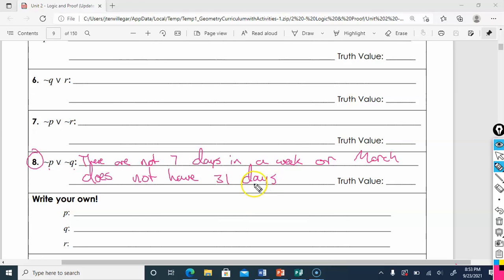Or was it 30? It was 30 days. Now, the first part of the statement is false. There are 7 days in a week, last time I checked. But it's an or, so they can both be true, or just one of them has to be true. And March does not have 30 days, so that part's true. With an or, just one part has to be true to make the whole statement true.